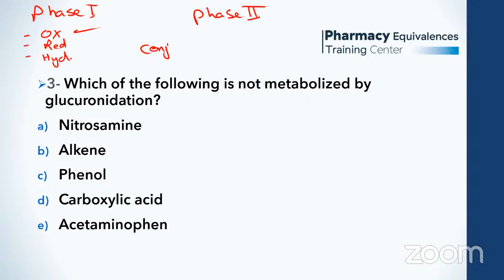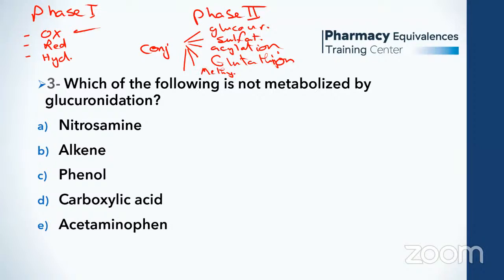We have 6 types of conjugation reactions: glucuronidation, sulfation, acylation, or we call it amino acid conjugation, glutathione conjugation, methylation, and acetylation.